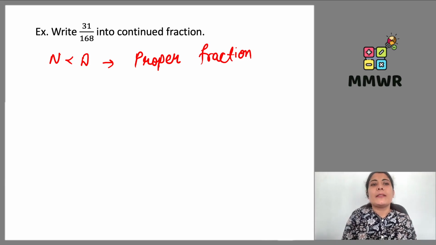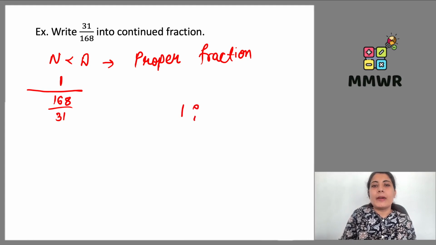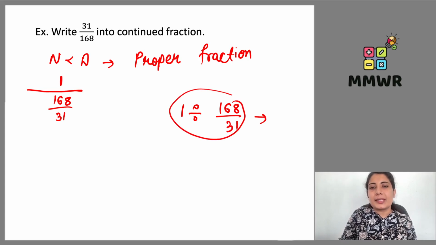What we will do is write 1 in the numerator, and the denominator of it is going to be 168 upon 31. Because we know that if I divide 1 by a fraction 168 upon 31, it is going to give me exactly the same answer.